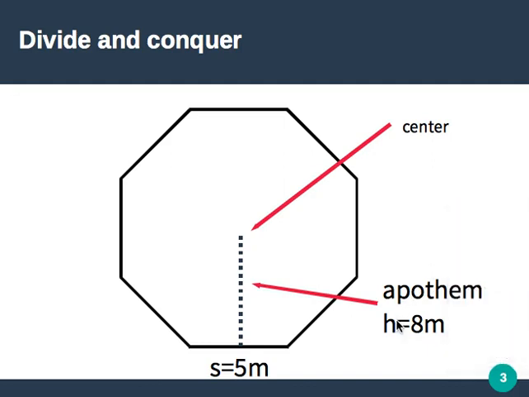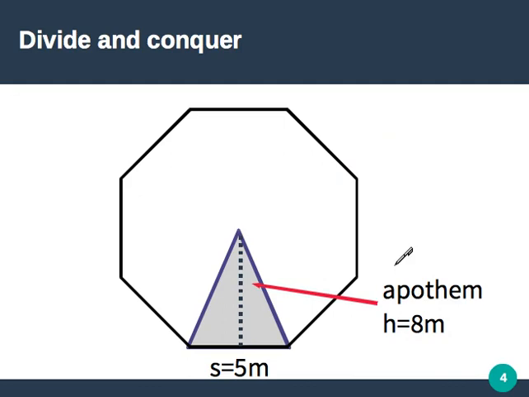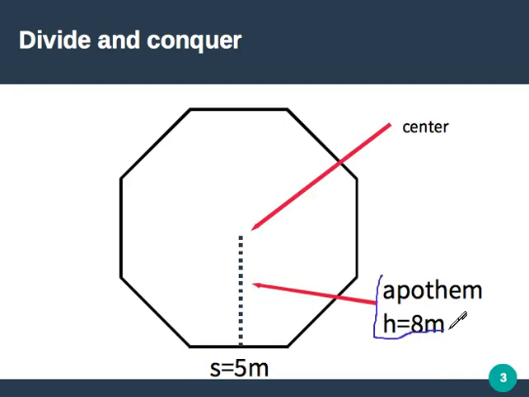So this is the apothem right here, and this is the center of the polygon. Just like in a circle, there's a center in this polygon, and from there we have an apothem. There's also another line going from here to here, but we're not going to talk about that line. We're just going to focus on the apothem and the length of the side.